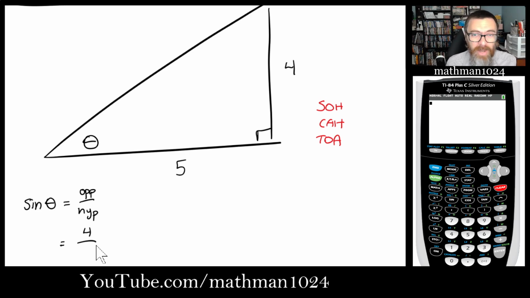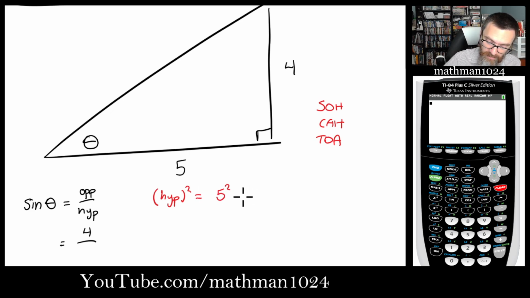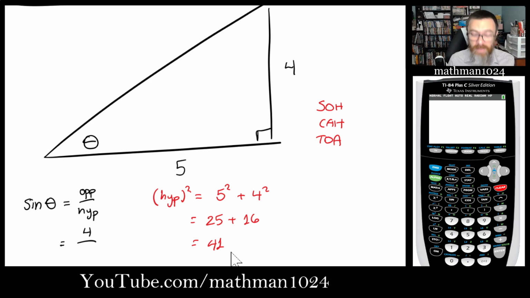Well, we don't have the hypotenuse, but we do know the Pythagorean theorem. So the Pythagorean theorem would say that our hypotenuse squared should equal 5 squared plus 4 squared. All right, so that's 25 plus 16, which equals 41. Thus, my hypotenuse should be the square root of 41 when I take the square root of both sides to get the hypotenuse by itself.